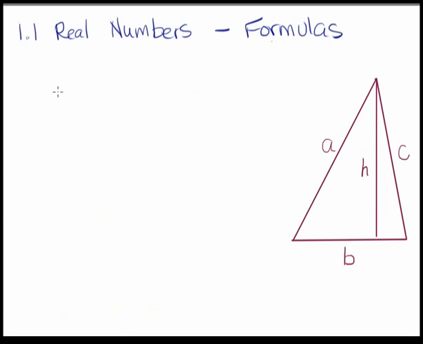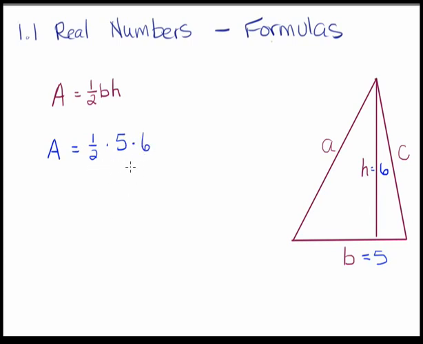The formula for the area of a triangle is area equals 1/2 BH. That means 1/2 times the base times the height. If this triangle has a base of 5 and a height of 6, then this triangle has an area of 1/2 times 5 times 6.